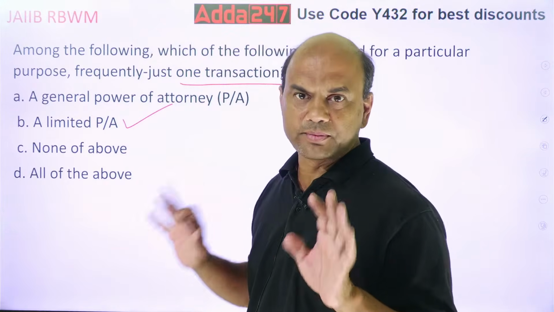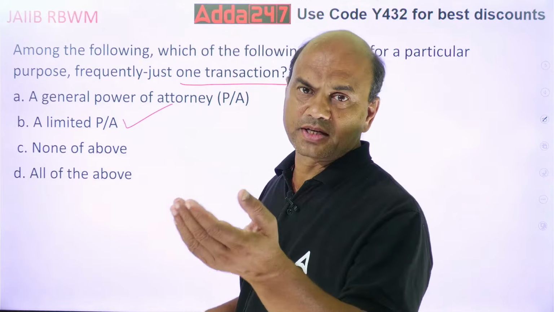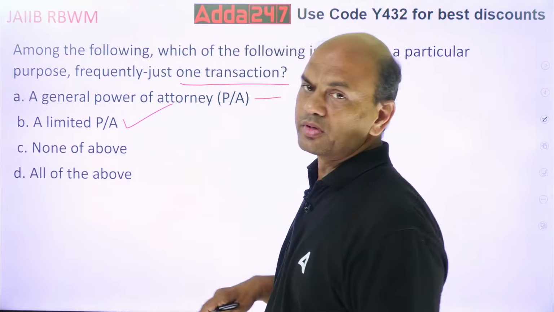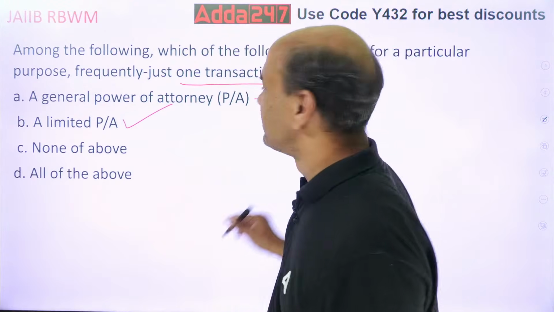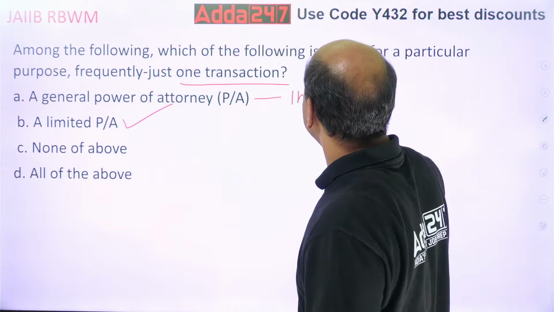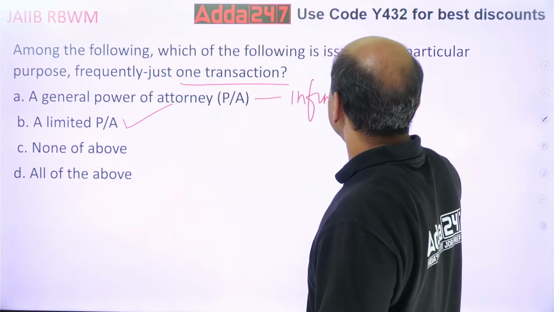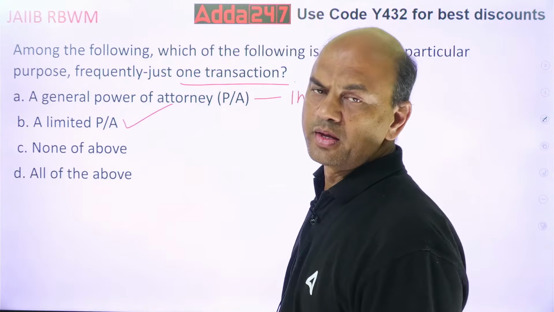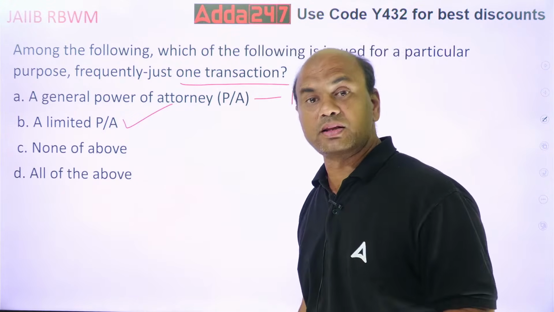There are two types of POAs. One is general, second is limited. General, once issued, is for infinite. Once it is issued, it is always issued. It can be issued for multiple transactions.